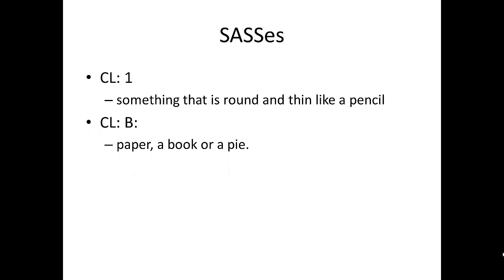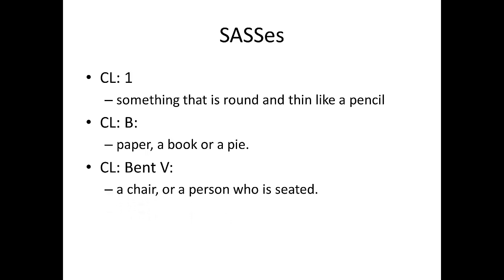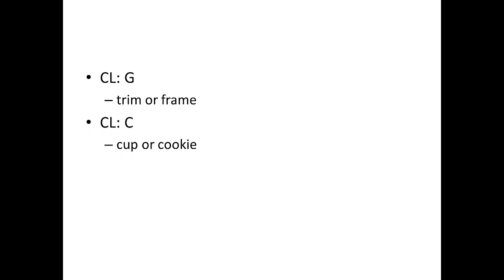Classifier B could represent a paper or book. A bent V classifier can represent a person who is seated or a chair. Classifier G can represent trim or a frame or the border of something. Classifier C represents a cup or cookies. Classifier F is used to represent small or round objects.